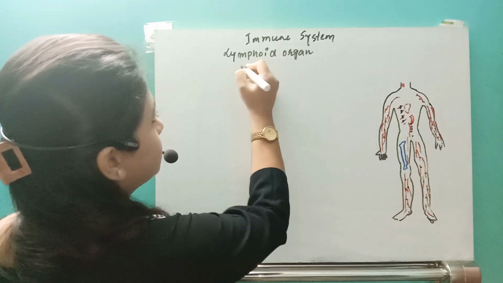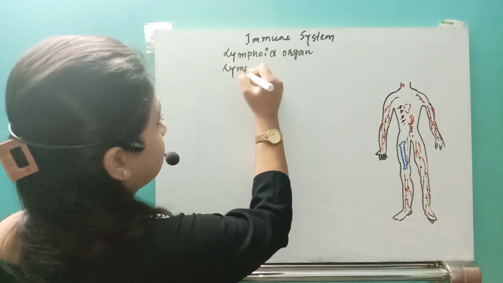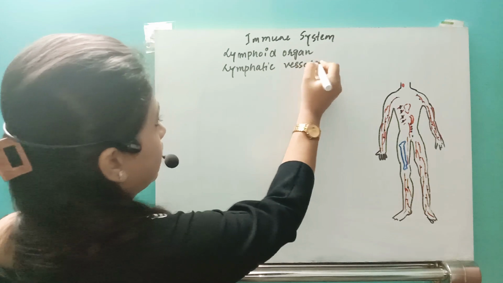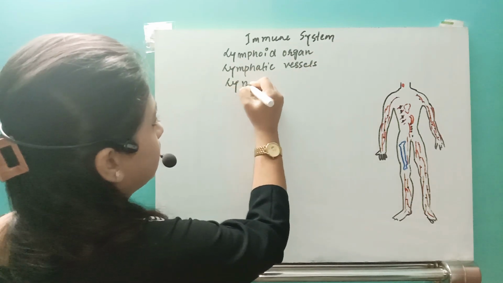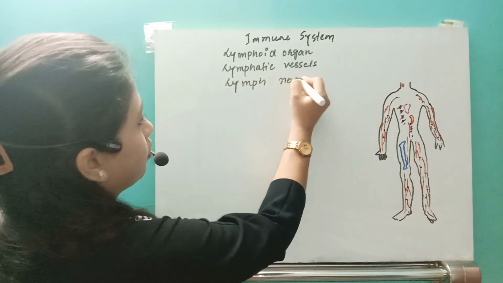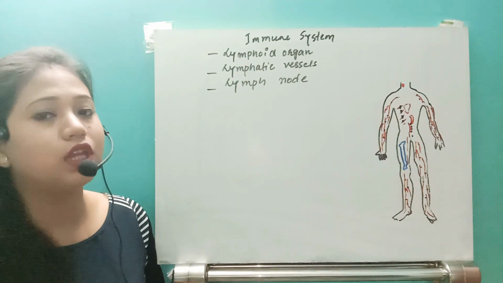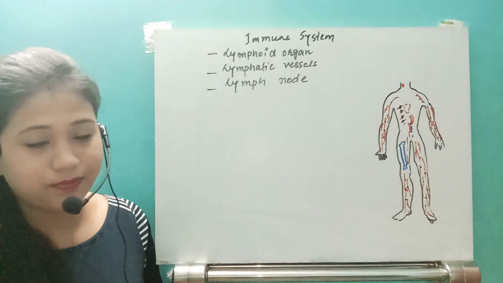Then we will have the lymphatic vessels. Then we will see the lymph node. So these three basic things form the whole immune system of our body.